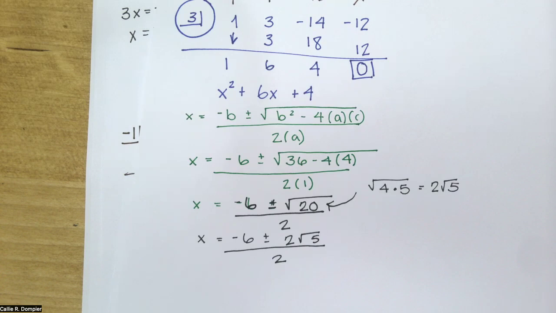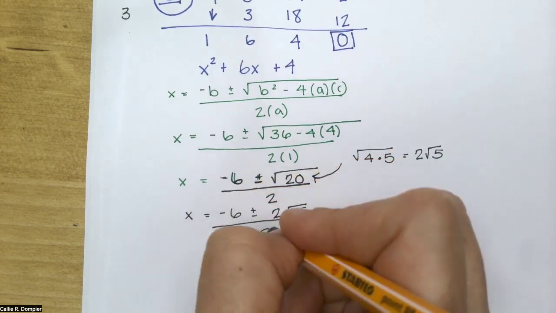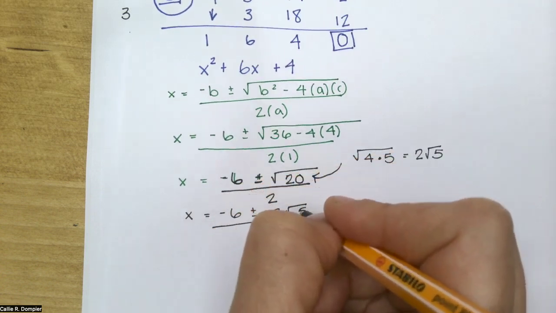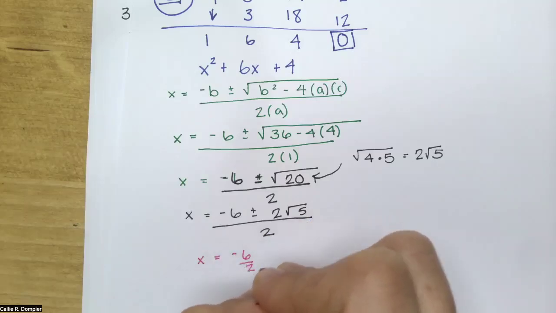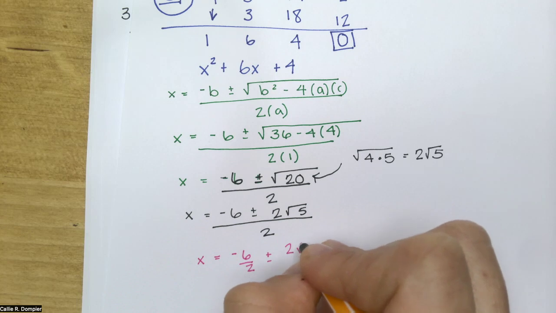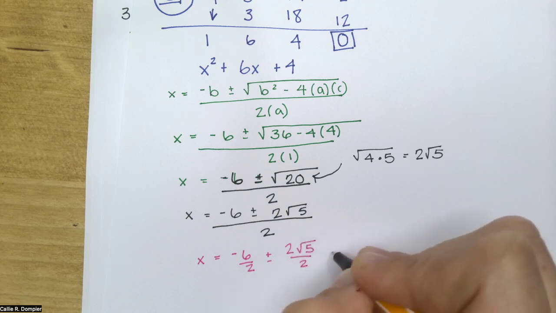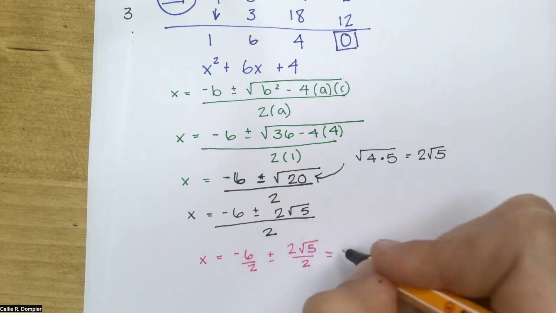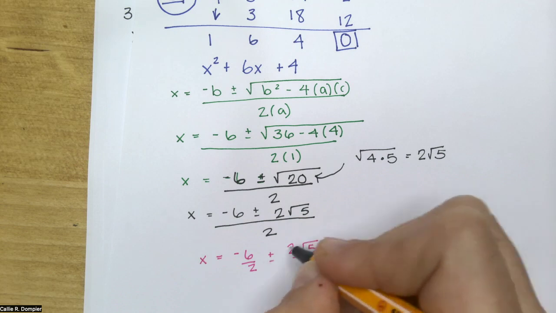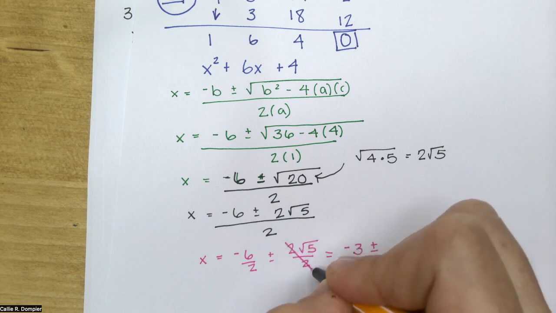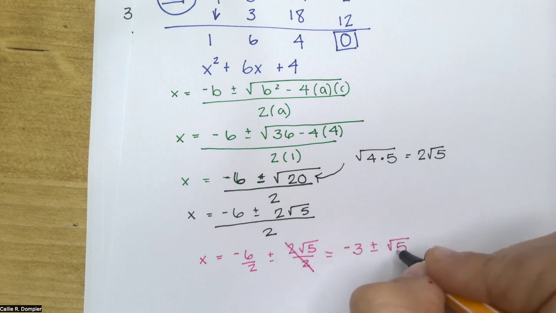Now I'm going to divide -6 by 2 and 2 square root of 5 by 2. x equals -6 halves plus or minus 2 square root of 5 over 2. That's going to become -6 divided by 2 is just -3, and then plus or minus 2 square root of 5 divided by 2, square root of 5.